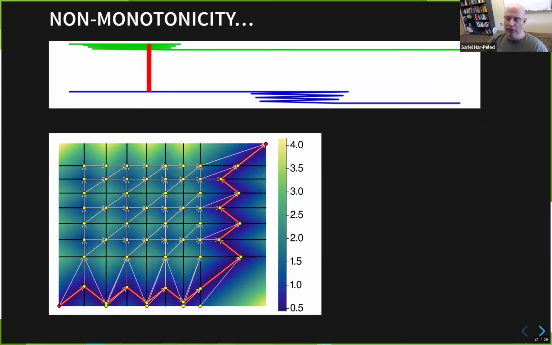Okay, here's an example of this non-monotonicity. Essentially, as you can see, the non-monotonicity happens in the free space diagram either in a row or in a column, because you are moving back and forth. And the question, of course, is what to do about it, because we really want a monotone morphing.